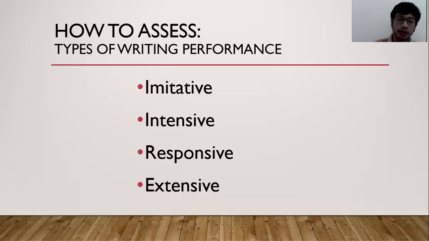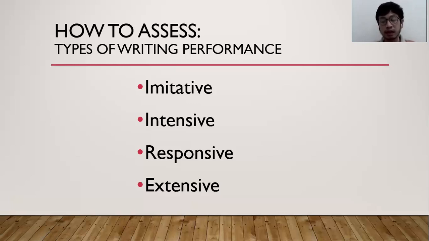And finally, the last type of performance is extensive. It's actually a continuation of the responsive task. So extensive task is related to the final product of the writing. When you ask the test takers to write an essay, or let's say an article, a complete article, that's going to be the end product, right? That's going to be the final product of the writing.